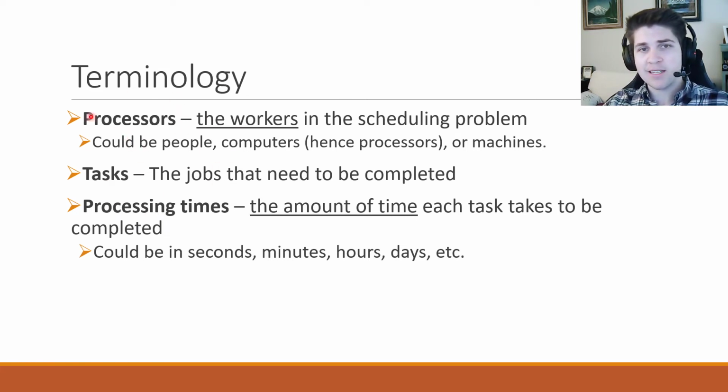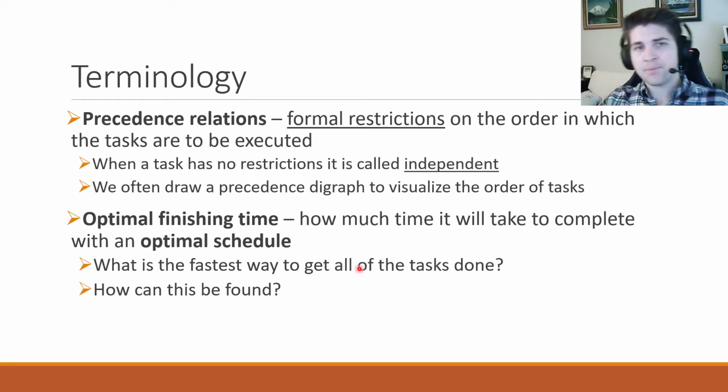These are all things that we need to know in order to solve the problem. If we don't know any of them, we can't really work on the problem. And the processing times could be in any sort of units, and there could be any number of tasks, and any number of people or processors working on these problems. That's why they're referred to as task processor problems, because of the terminology.